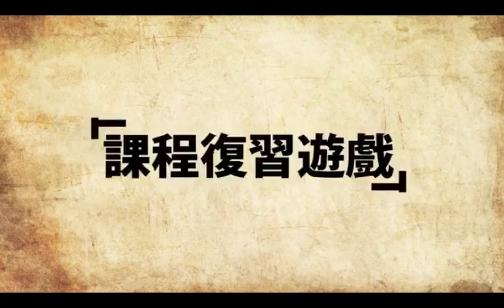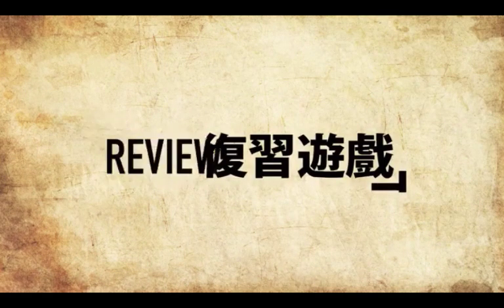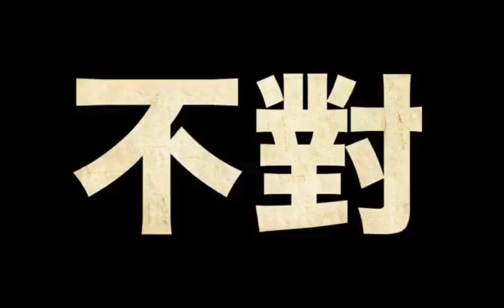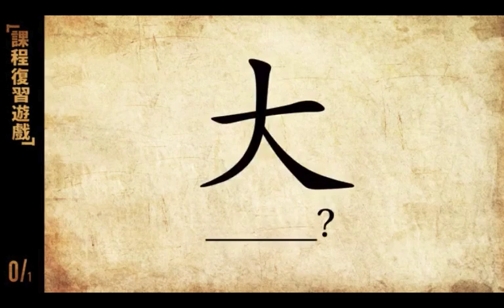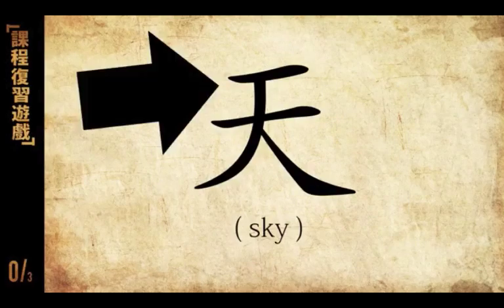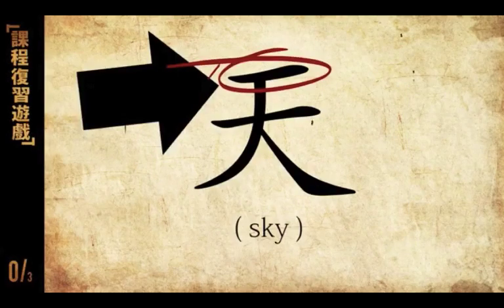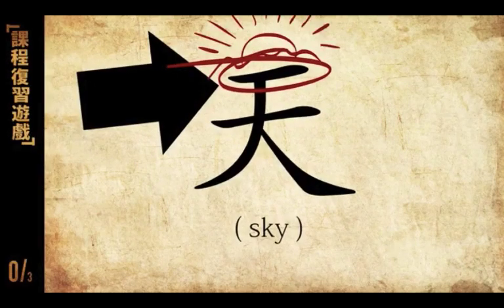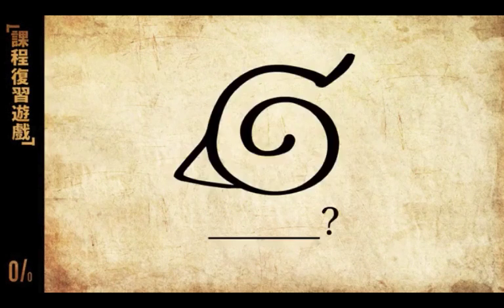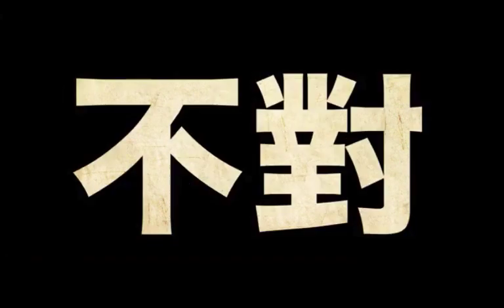Okay, enough example. Now we play review fun time game. Guess what this is? Wrong, is a person. Now guess, wrong, is mean big. Now you know person and big. So what is this one? No, wrong, is a sky. How you know this sky is right there? Like you know even try. 懒鬼啊. Okay, I give a last one. This is a bonus round, okay? What is this word? 开玩笑.